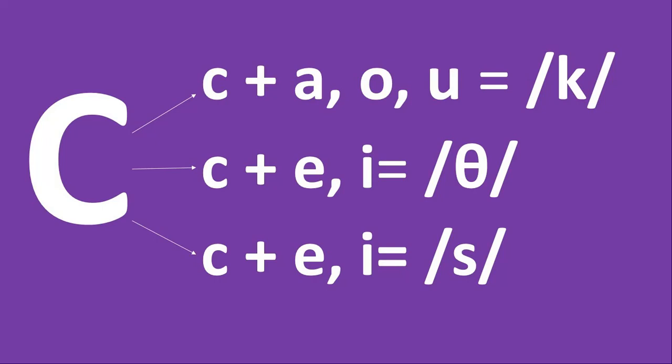This sound is pronounced when the letter C is before e, i. And the third sound is similar to the English s. It is pronounced when this letter is before e, i, and it is produced in some areas of southern Spain and in Latin American countries.